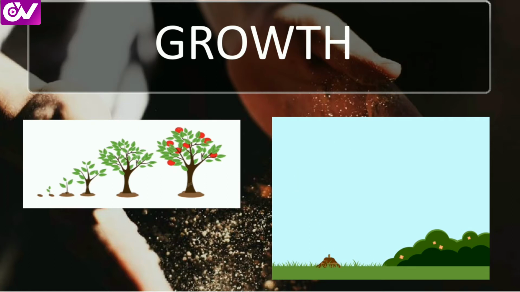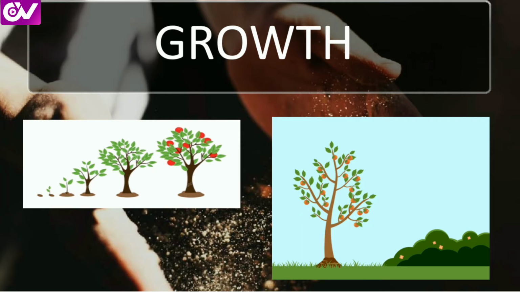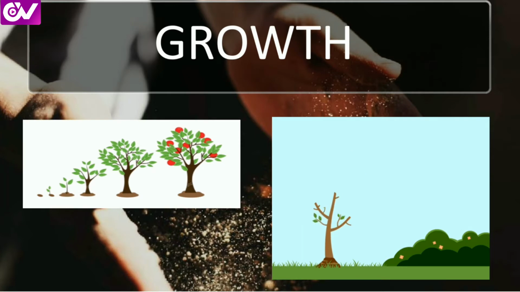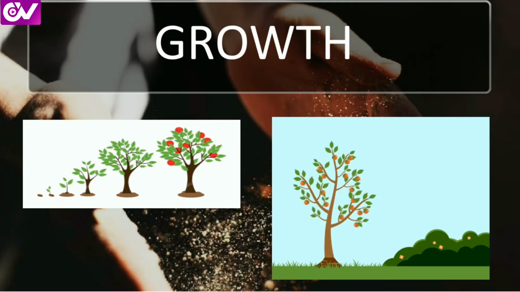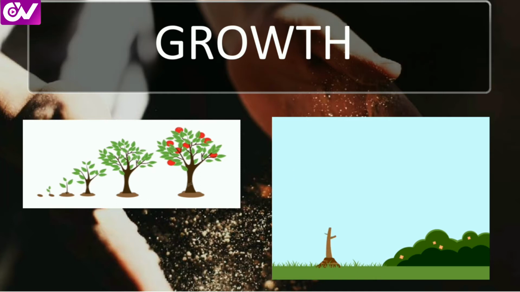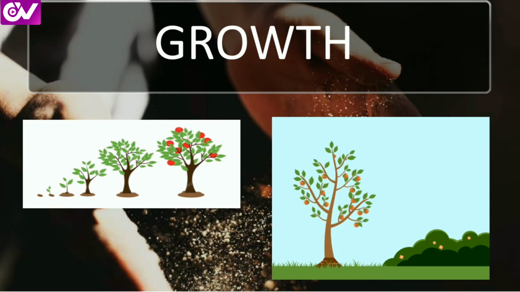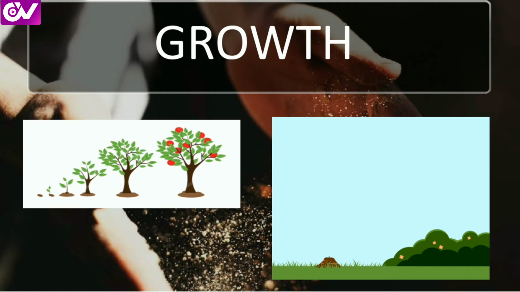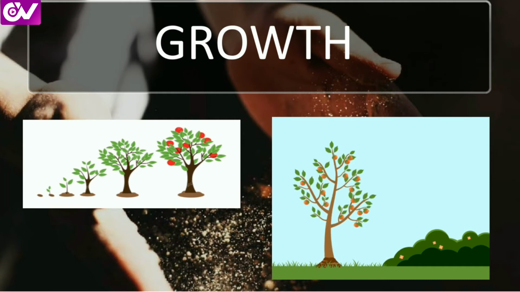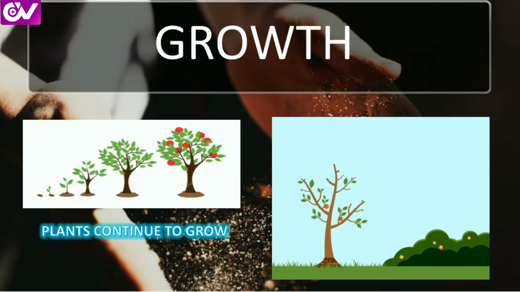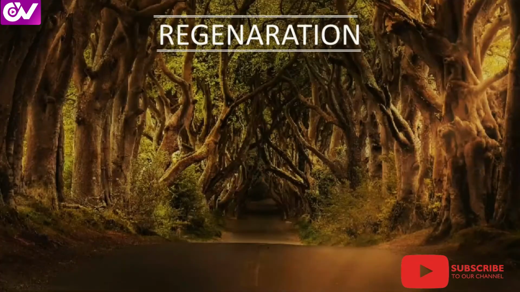After a certain growth, it gives us fruits or flowers. Once the fruits are plucked by animals or human beings, again the fruits start to grow. So the growth of a plant does not stop, it extends till its lifespan. Plants continue to grow. This is the definition.